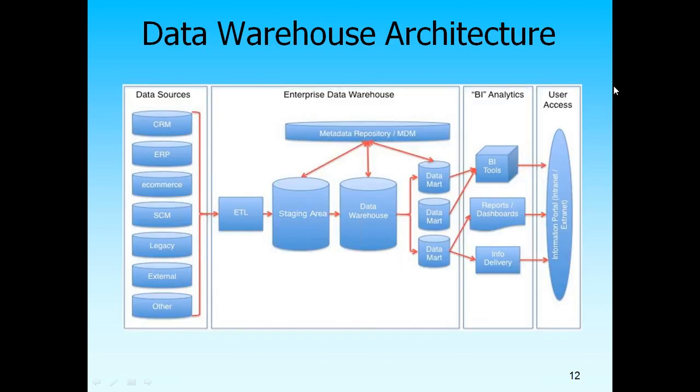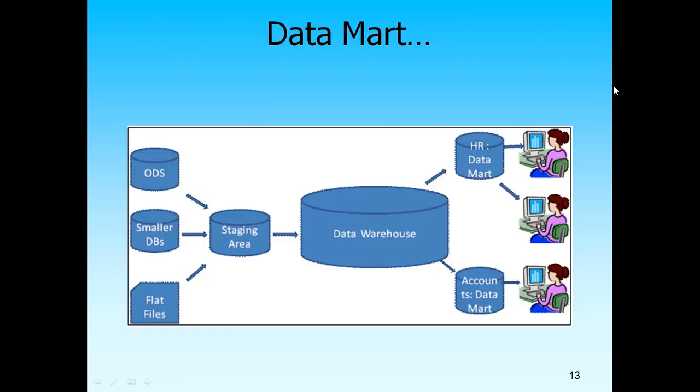As you can see, three data marts are there. Let's assume two data marts are from HR and accounts. For HR data, we have some set of users. This data mart is mainly built to support those particular users.